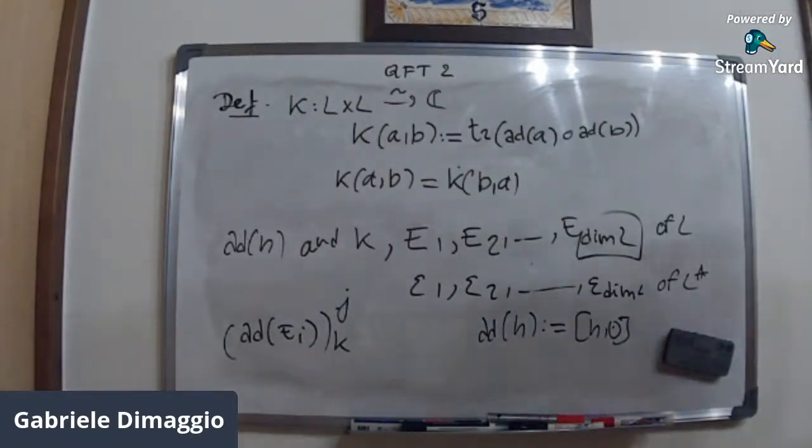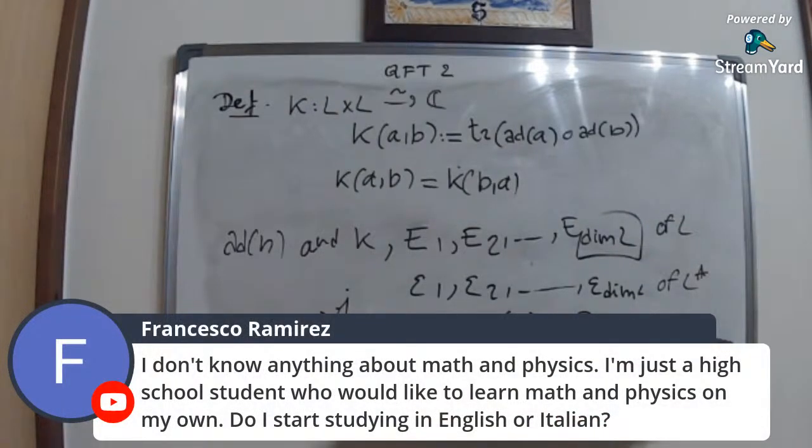I think the question of Francesco is whether, if you are good in English and don't have any problem in English, you can start studying in English. If you prefer studying in Italian, we can start in Italian.